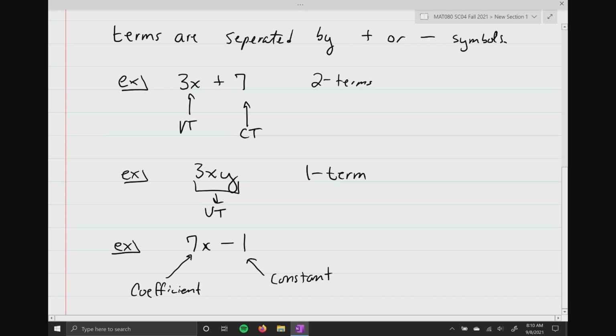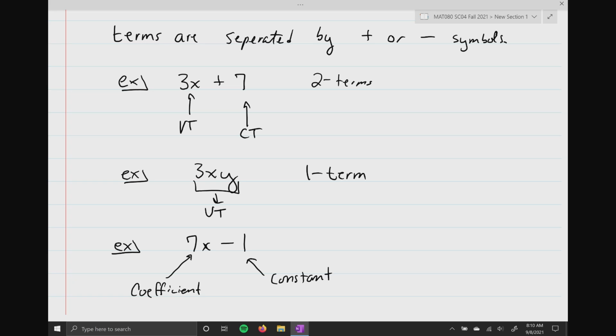That 7 has a very special name. That 7 is called the coefficient. And it's called the coefficient because it is multiplying the variable x. Notice that 1 is just a constant. Since there is no variable, it's only called a constant.